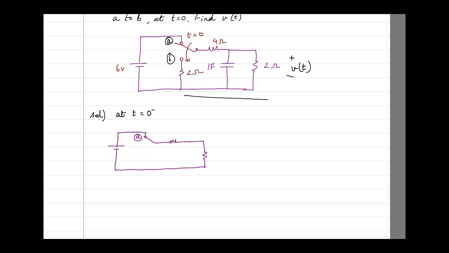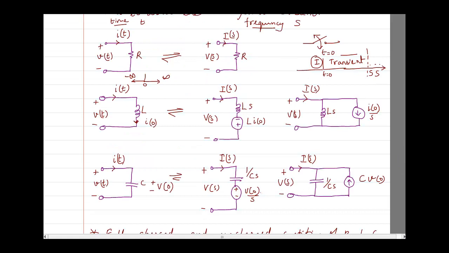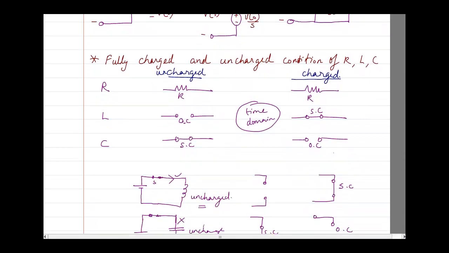But what about the capacitor? See, it has remained in this position for long. It means that this particular capacitor has got charged up. So what happens to the capacitor when it is completely charged up? It basically acts as an open circuit.